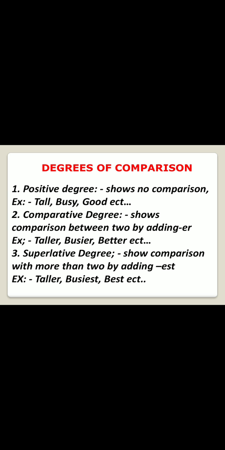So these are the differences between these three kinds of degrees: positive, comparative, superlative. Like this, many words are in our book. Dear students, I hope that you all understood the kinds of adjectives and the difference between the degrees of comparison. Thank you. Have a nice day.